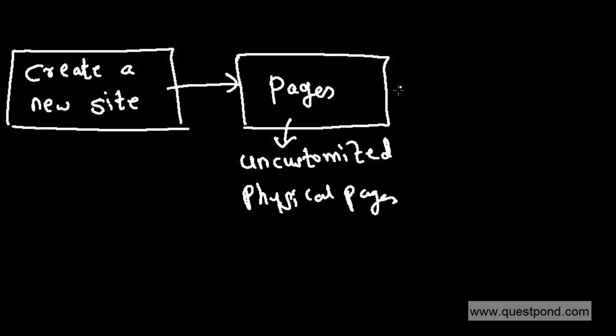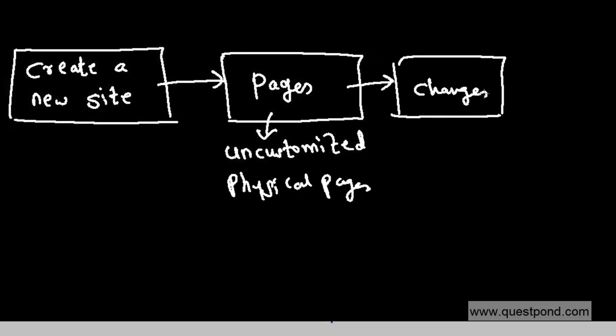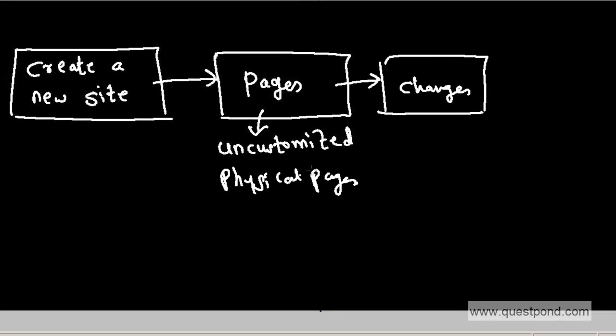Now when you take one of these pages and you start customizing it, you start changing it, the changes you make are not directly made on these physical pages. In other words, it doesn't go and start changing these physical pages. These changes are actually stored in the content database, in SQL Server, the content database of SharePoint.